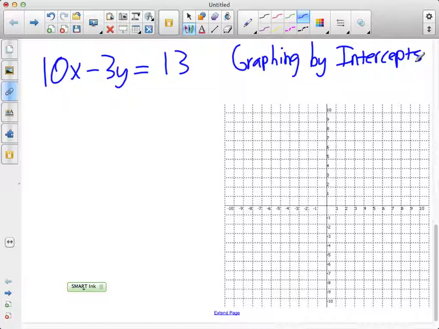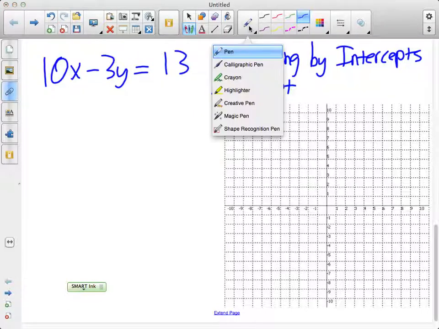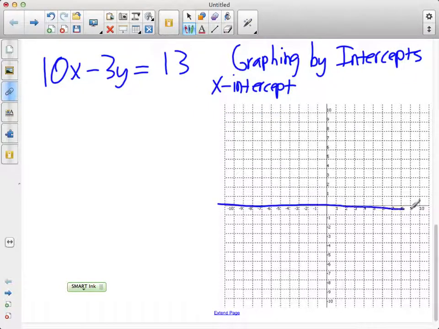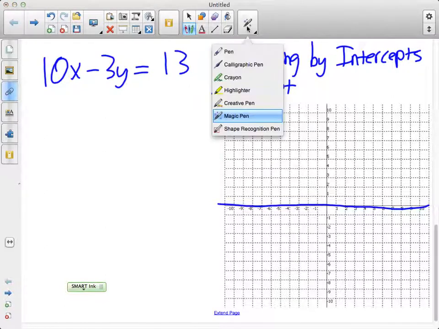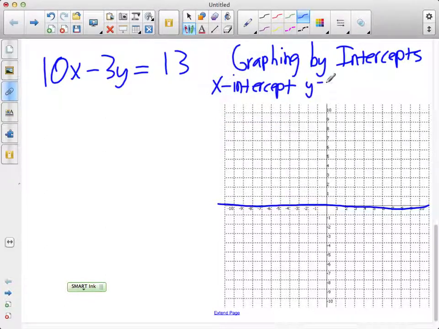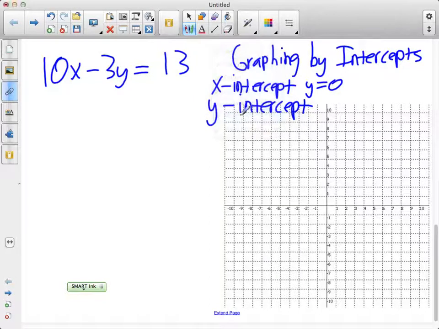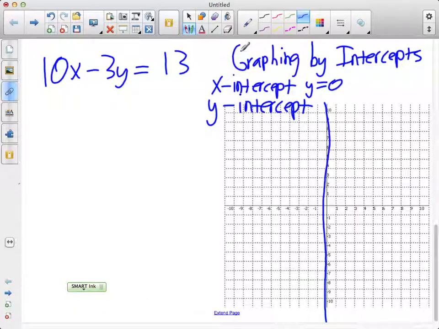So I'm going to find the x-intercept and the y-intercept of this line. The x-intercept is on the x-axis. And when you're on the x-axis, that means y is equal to 0. The y-intercept would be on the y-axis, and the y-intercept is, in fact, when x equals 0.